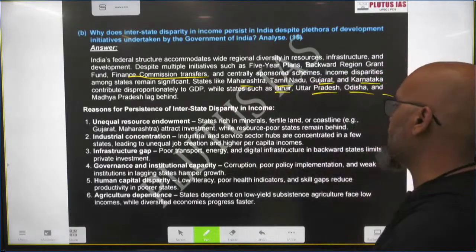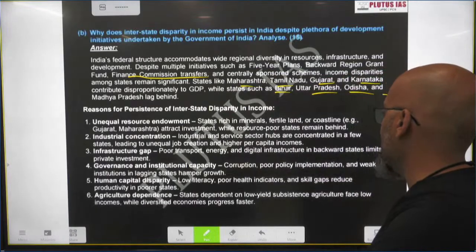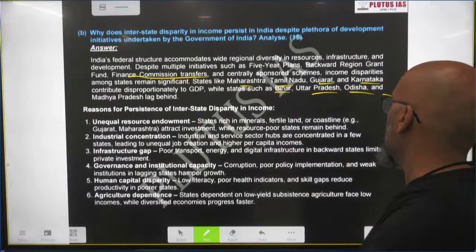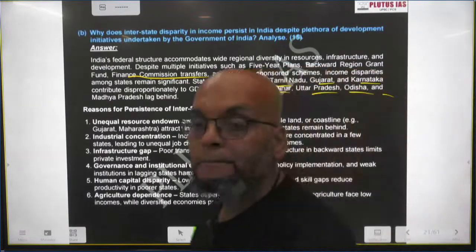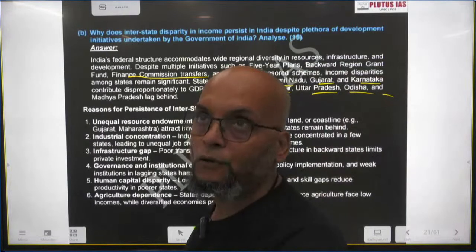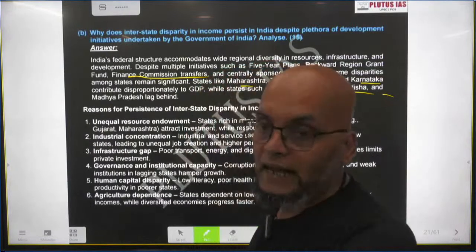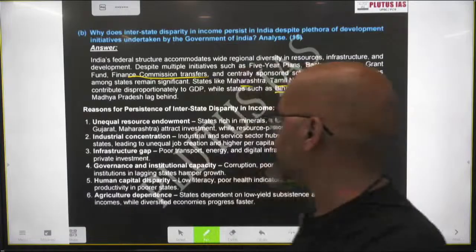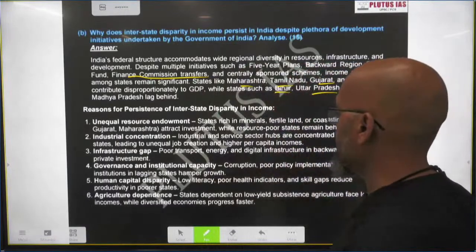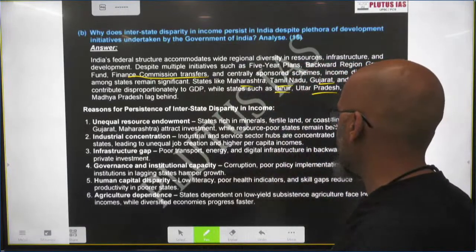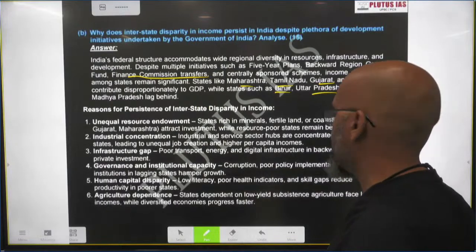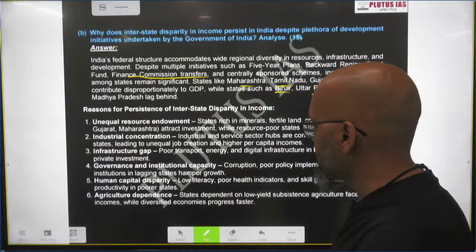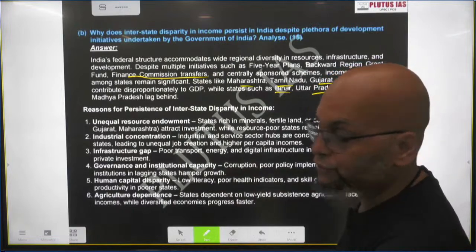Infrastructure gap: poor transport, energy, and digital infrastructure in backward states limits private investments. So again, there is an infrastructural gap, technology. Few states lag in technology and infrastructure. Then governance and institutional capacity: corruption, poor policy implementation, and weak institutions in lagging states hamper growth.